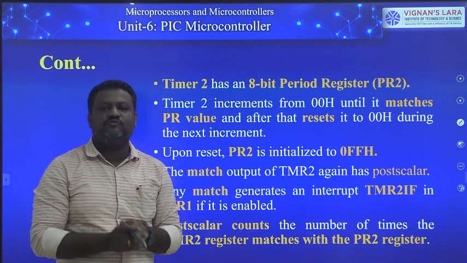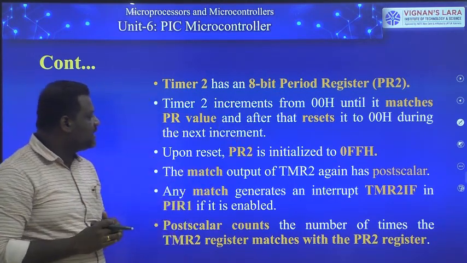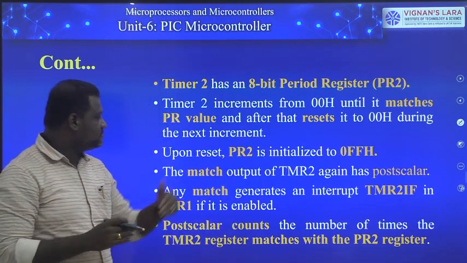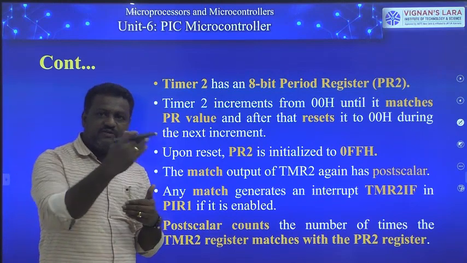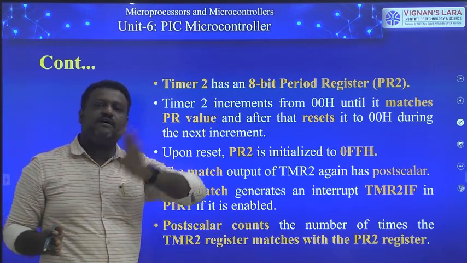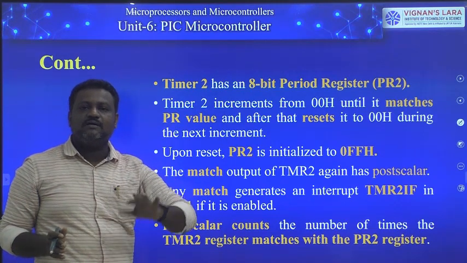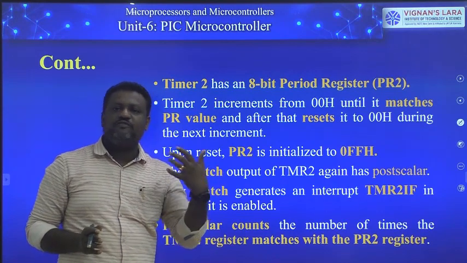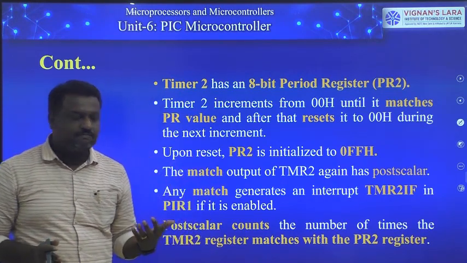That means it goes back to 00H. Upon reset, PR2 is initialized to FFH, the maximum value I can store in PR2. Again that value is continuously compared with the timer 2 value, and timer 2 starts counting clock pulses received from the prescaler one after the other.